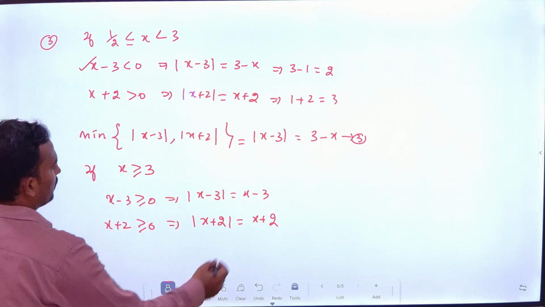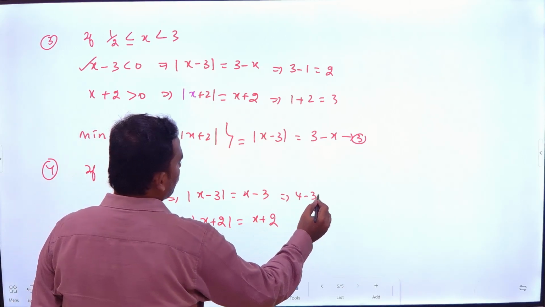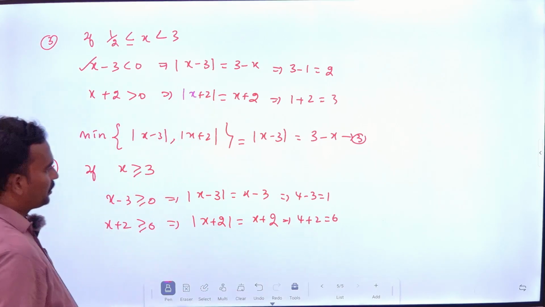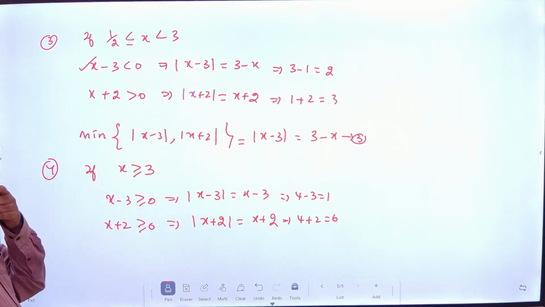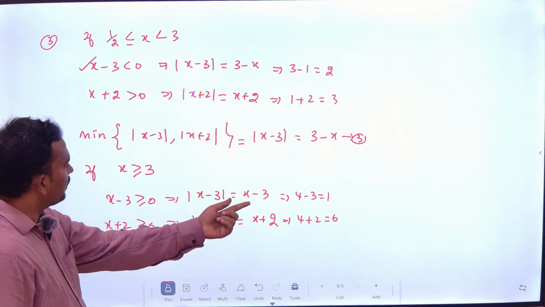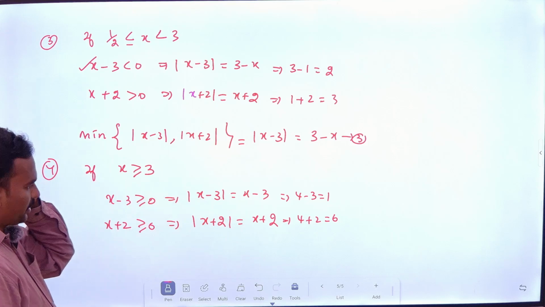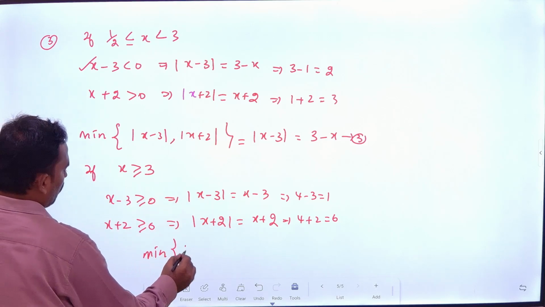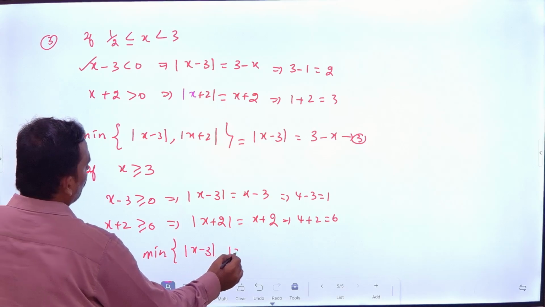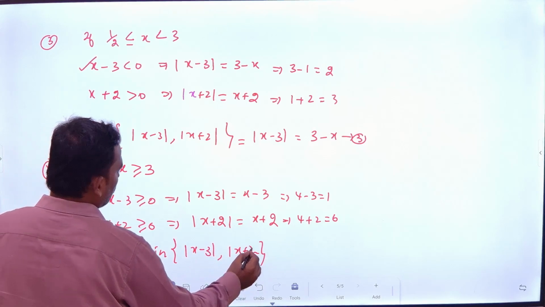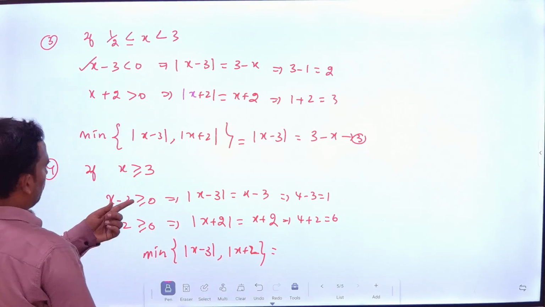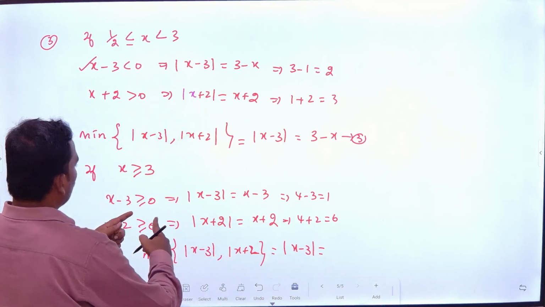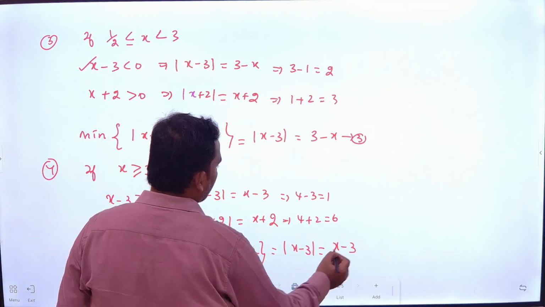Let's take 4. 4 minus 3 is 1. Here 4 plus 2 will be 6. So which is the minimum here? I'm just taking x equal to 4. Yes, 1. So the minimum of mod x minus 3, mod x plus 2 here is mod x minus 3 only. This is positive, therefore you can write x minus 3.